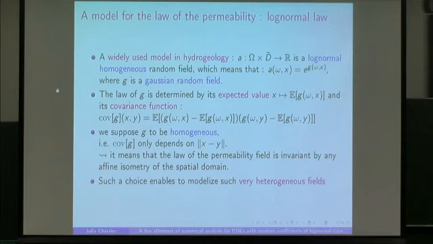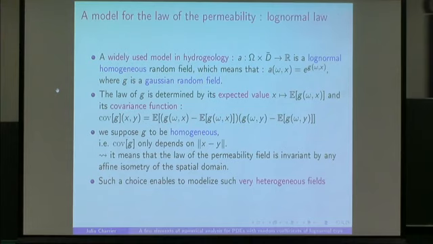So it's widely used, and it has some quite specific mathematical properties I'm going to explain later, and that's also why I focus on this kind of field. So we also suppose it to be homogeneous. So that means that the covariance function is supposed to be a function of the distance between x and y.